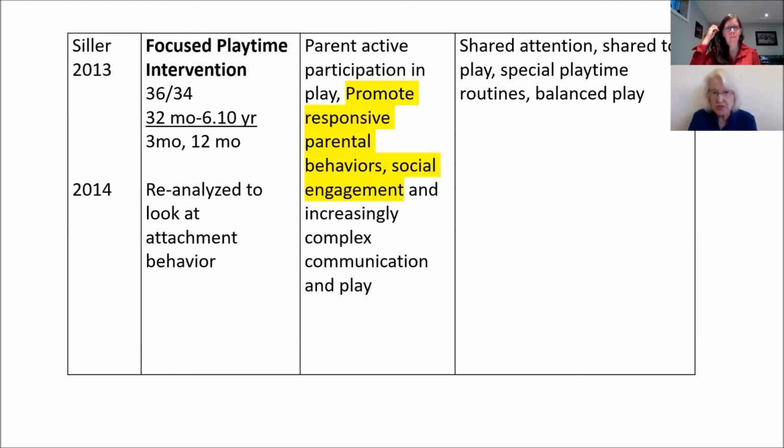It's also interesting that this study went with children that were up to 6 years, 10 months of age, so looking at a little bit older children. And then in 2014, they reanalyzed the data, looking specifically at attachment behaviors, and found that there was an increase in the measures looking specifically at attachment.